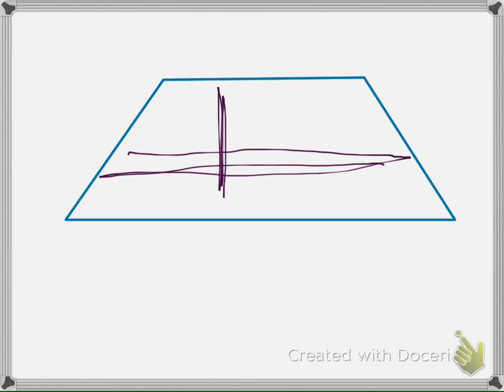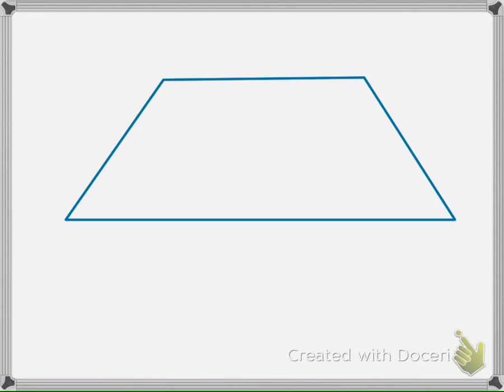So it doesn't apply to the same rules. Base times height does not work because this side could be very different than this side, depending on what angle this is. So we need to come up with a new strategy that's going to apply to any trapezoid we can think of.